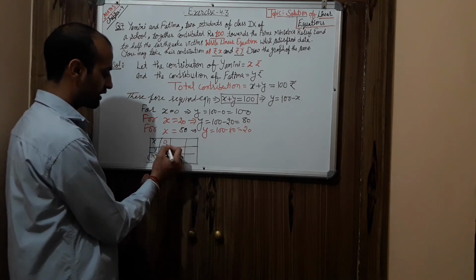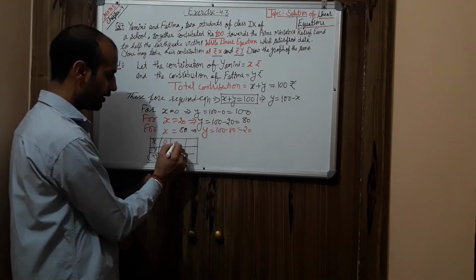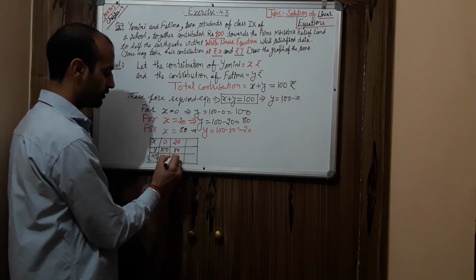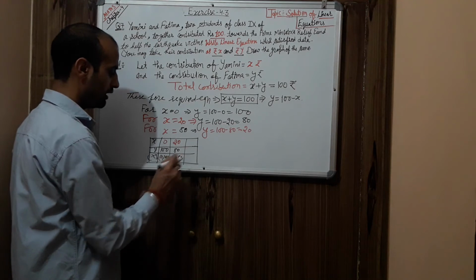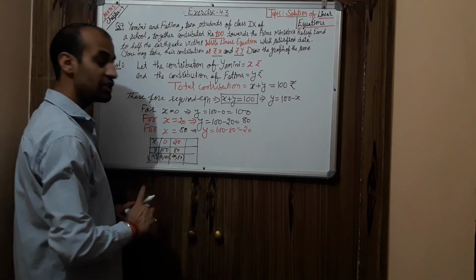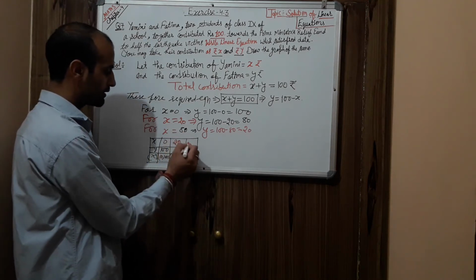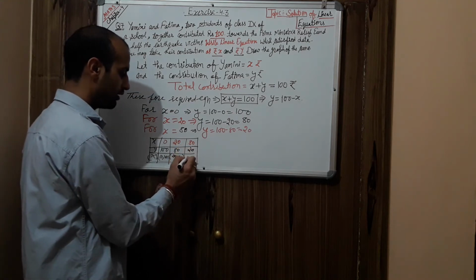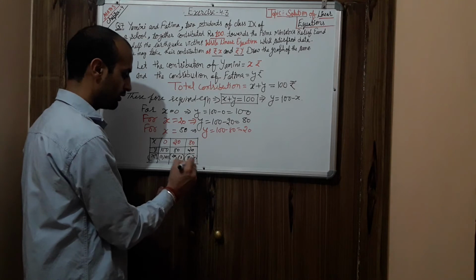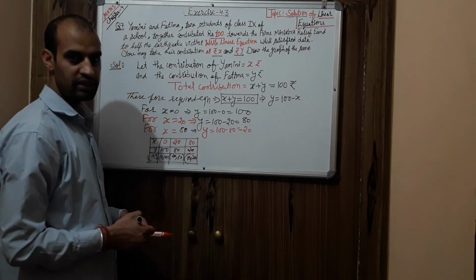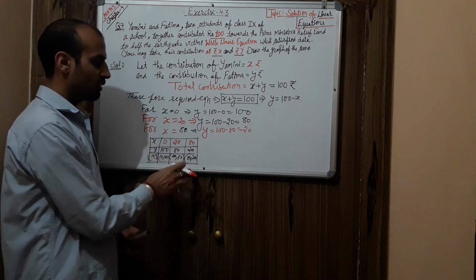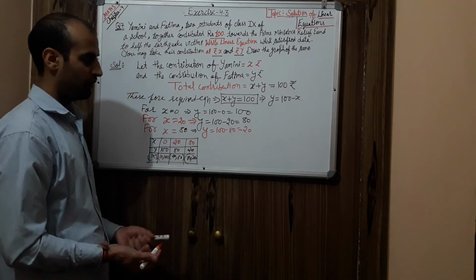Next point you need to select is x is 20, and we got 80, so it is 20 comma 80. Third case, when the first girl donated 80, definitely the second girl 20. You can take many points. Our next task, after getting these values, is to represent them in the form of a graph.